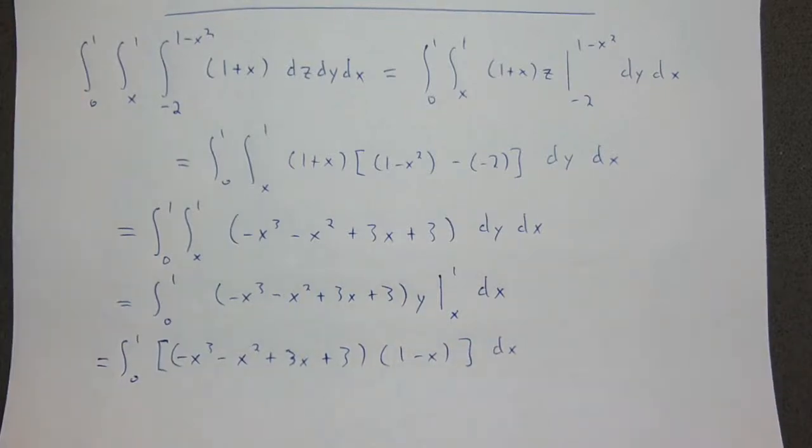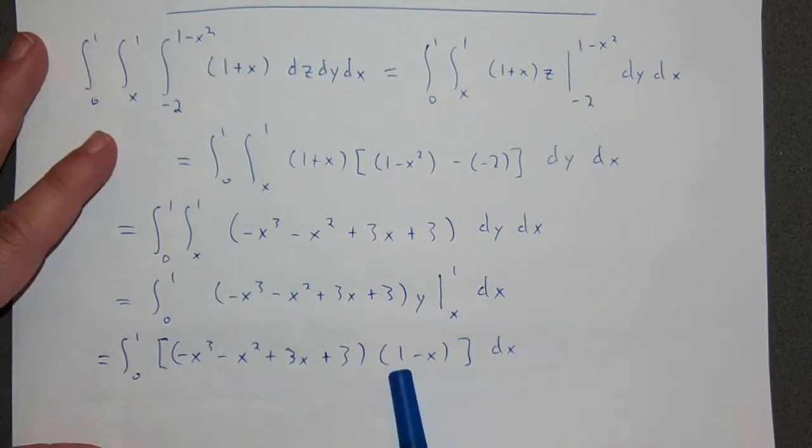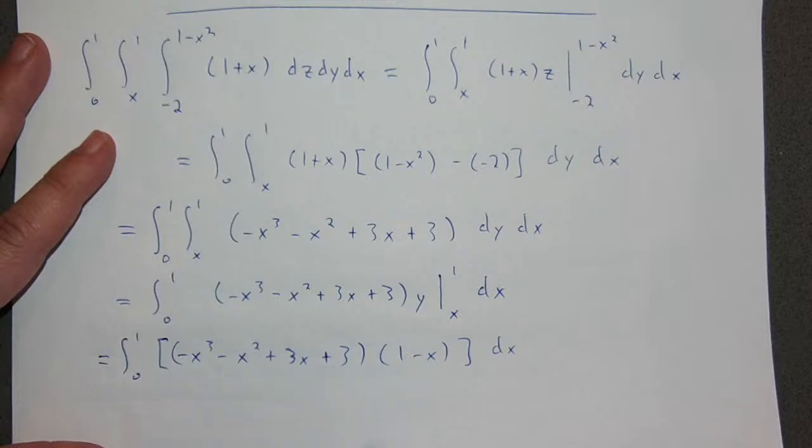So actually doing this expansion, I have 1 times this minus x times this. So multiplying 1 by this is easy. Multiplying minus x, I would get x to the 4th plus x cubed minus 3x squared minus 3x.